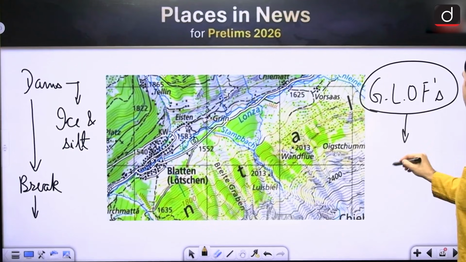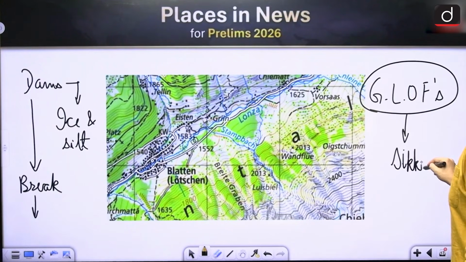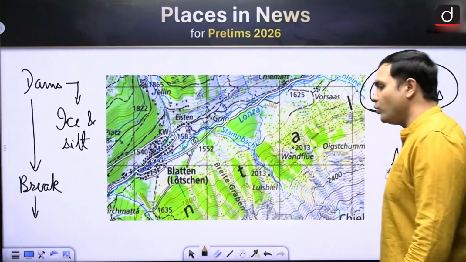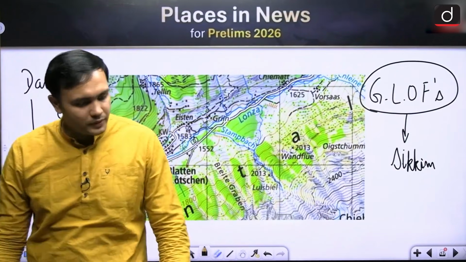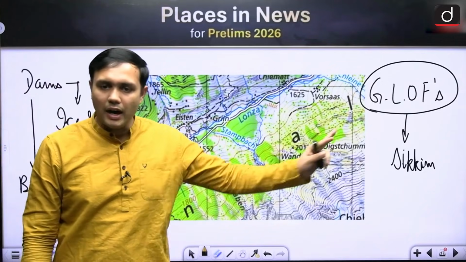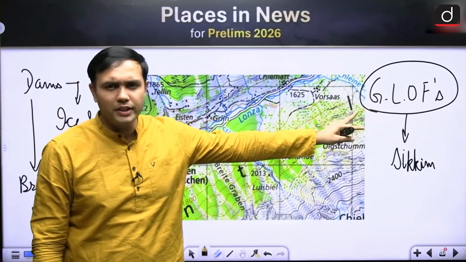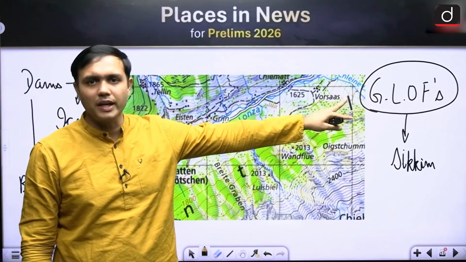This we have seen in the case of Sikkim also. Do you know what GLOF stands for? Glacial Lake Outburst Flood. I think in 2023, Sikkim witnessed this kind of flood.